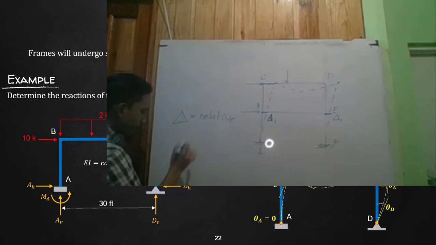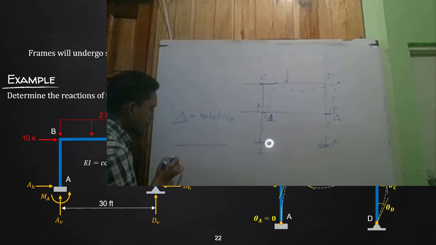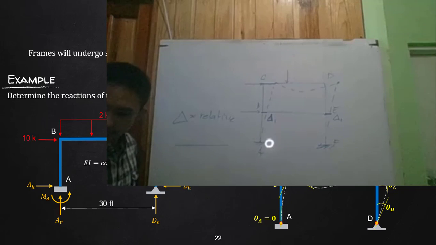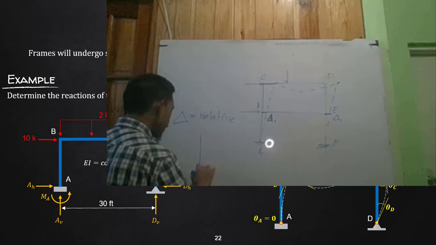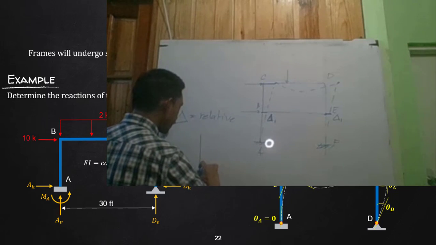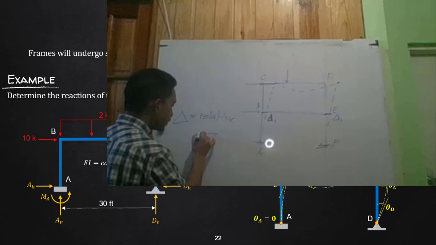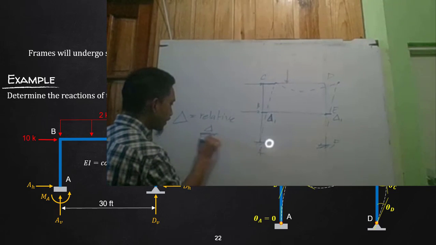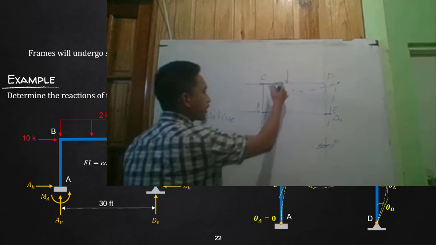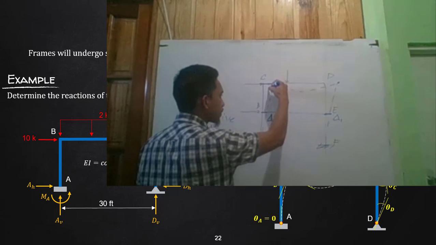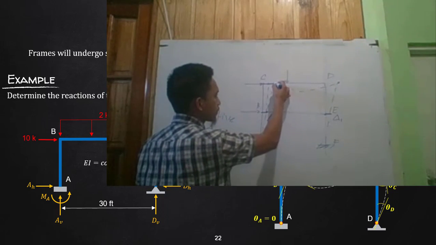So let's say, for example, this is the original configuration, and if that will bend, the delta here is with respect to the other joint. So the delta here is actually this one, with respect to the other end.